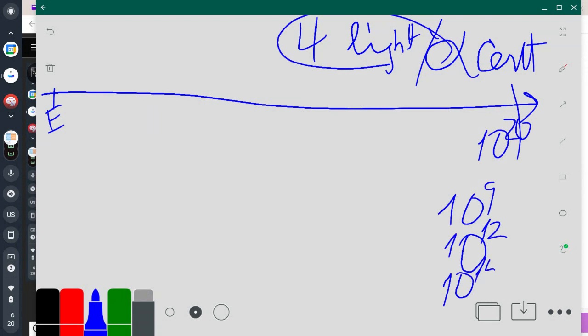And 10 to the 15th is quadrillion, right? How would you express such a distance? 10 to the 16th would be, I don't know the name, quintillion maybe.